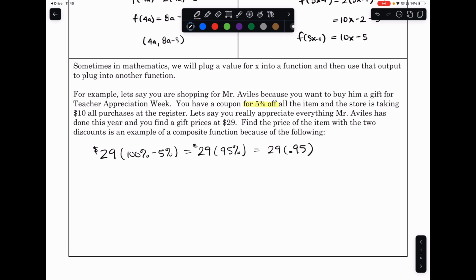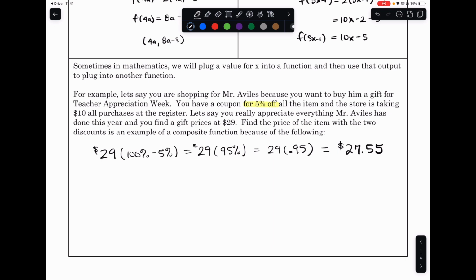Now, to determine the price, we're going to simply multiply 29 by 95%, or 0.95. And that's going to bring the cost to $27.55.